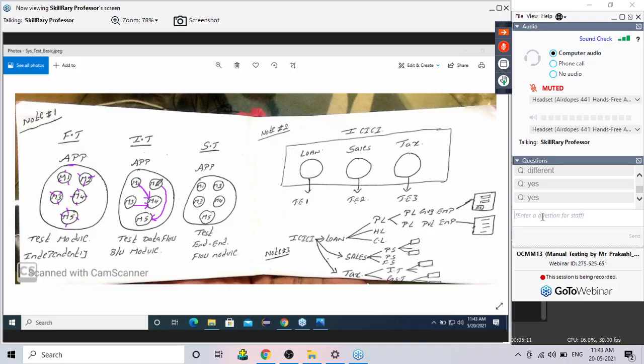So whatever data flow is there, obviously that is not tested in functional testing. So let us do integration testing on dependent modules. Is the statement correct?